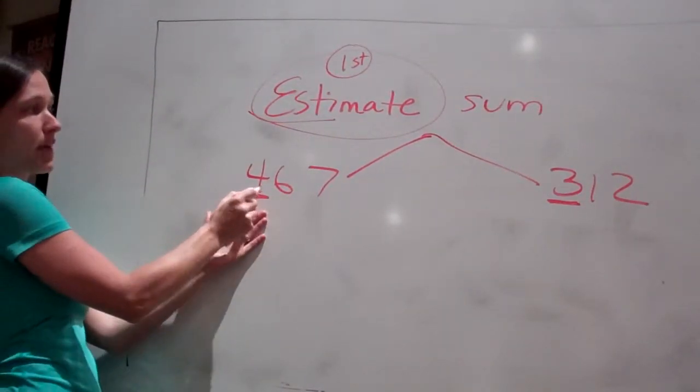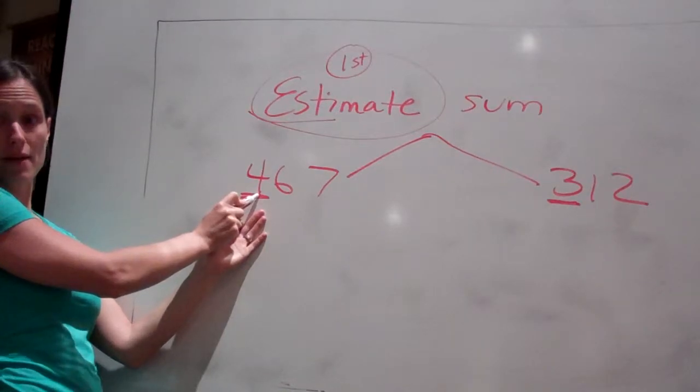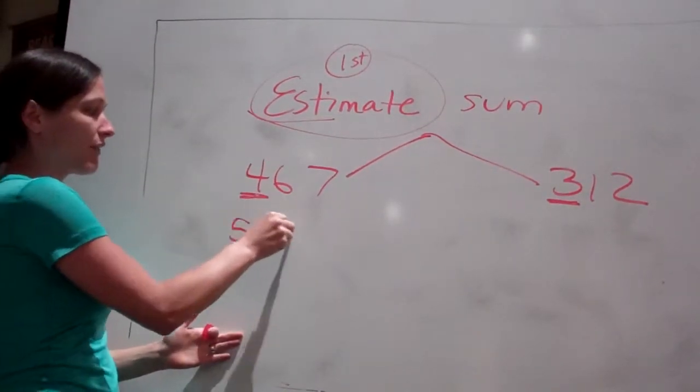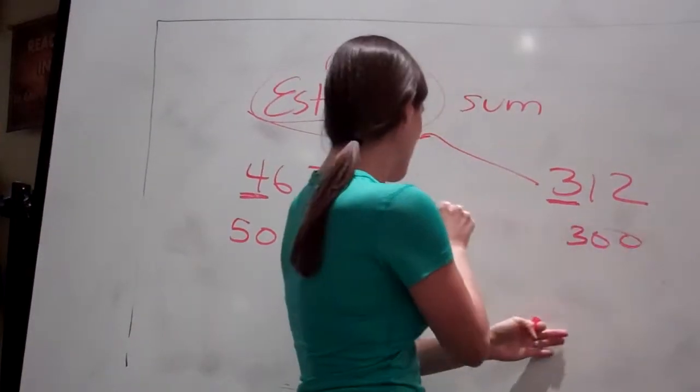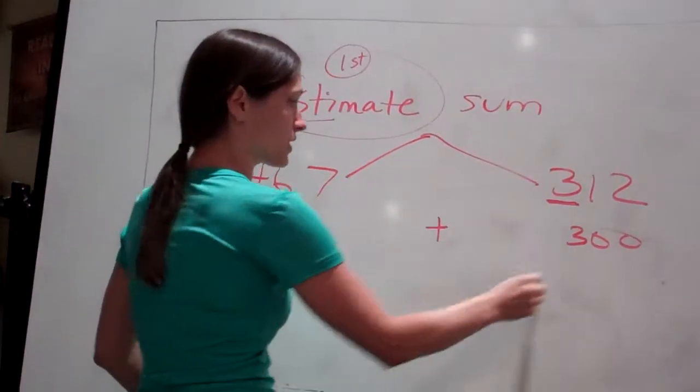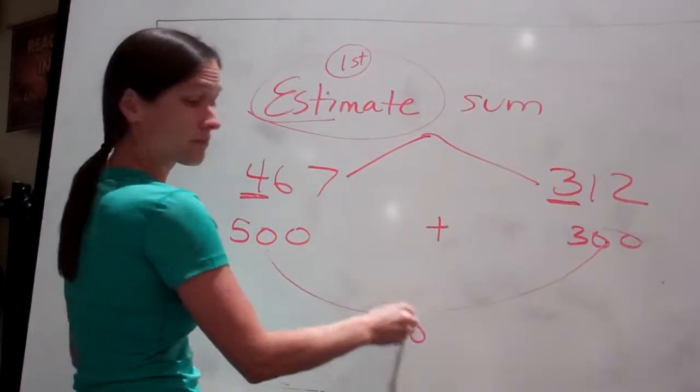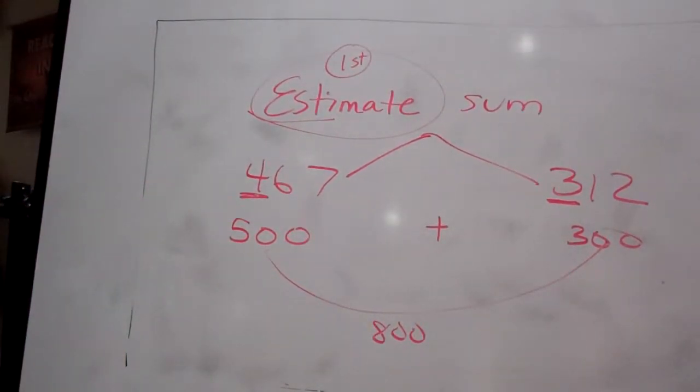So if I'm going to estimate this number, what's it going to be? 500. If I'm going to estimate this number, what's it going to be? 300. And the sum of both of these numbers? 800. Very good. You did it exactly right.